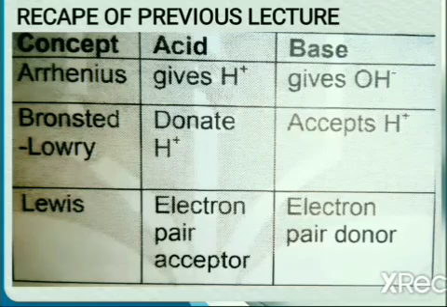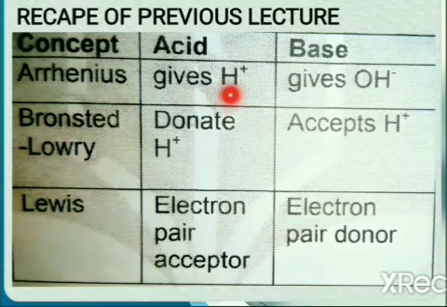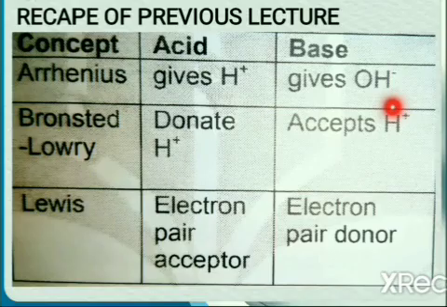Recap of previous lecture. We have done concepts of acids and bases. Concept number 1, Arrhenius concept. What is Arrhenius acid? That produces or gives H plus ions in aqueous solution. What are bases? Gives or produces OH minus ions in aqueous solution.